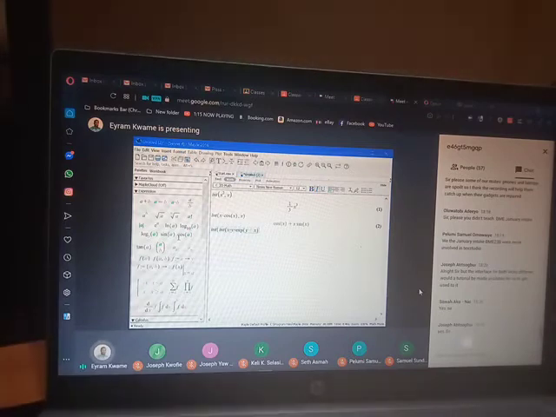I integrate with respect to x, I also integrate with respect to y, and then I have this. It gives me the function that I'm looking for. MATLAB can do a similar thing. I can actually do integrations in MATLAB.